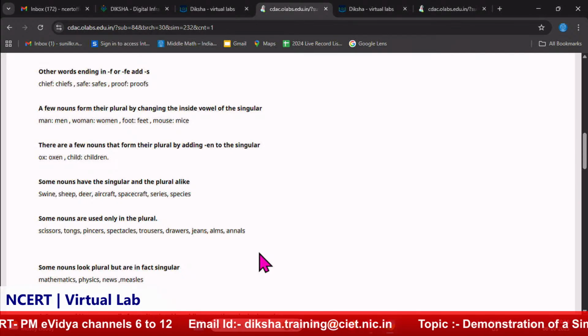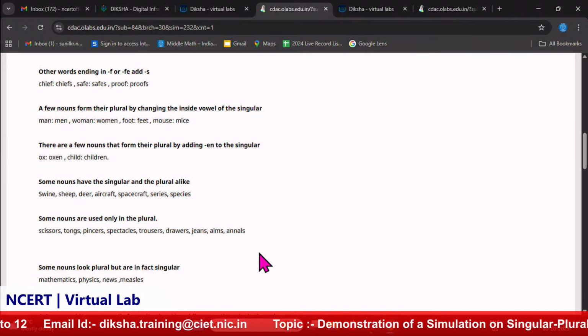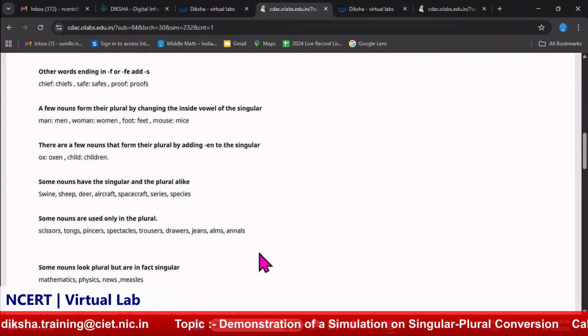You never say scissor. You always say give me a pair of scissors, or you simply say give me the scissors. Or tongs, pincers. Basically, these are tools which are always used as 2 units. Spectacles. You cannot have a spectacle in one eye, so it always has to be spectacles.